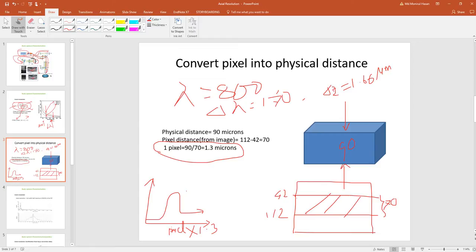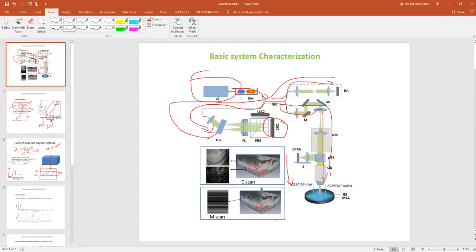Now, to calculate the axial resolution of a particular system, in the setup we have to put a mirror here instead of this sample. A mirror is highly reflective and the reflection comes from the top surface.